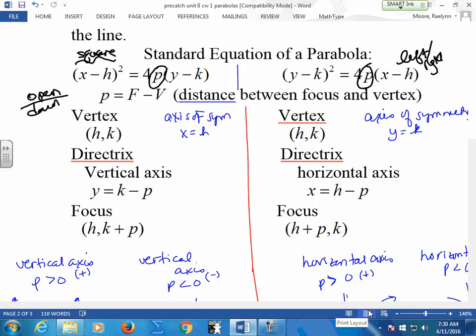It makes more sense if you look at an example rather than try to figure this part out. This is the most important one, finding P. It's the distance between your focus and your vertex. And then we're going to use that distance to go from your vertex to your directrix.